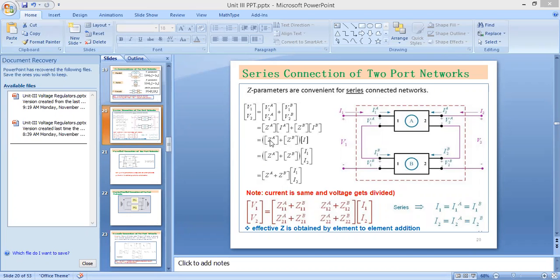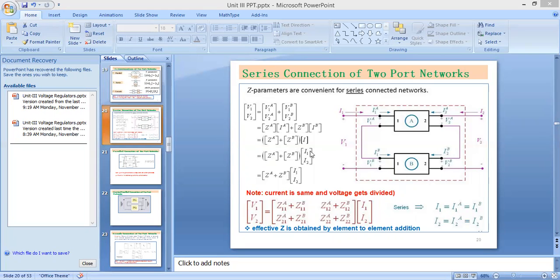Z is nothing but impedance across port A, impedance across port B. If you are simplifying these equations and you are converting these equations in the form of matrix, you will get ZA plus ZB into in matrix I1, I2. So here we know current is same for the series connections and voltage gets divided.